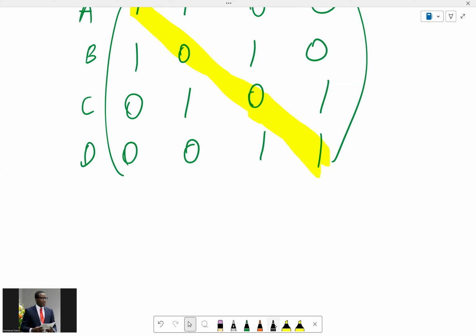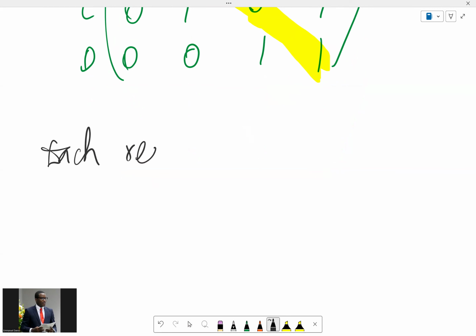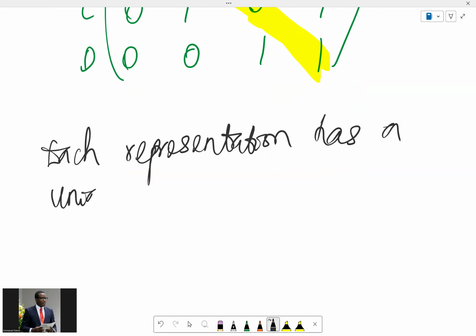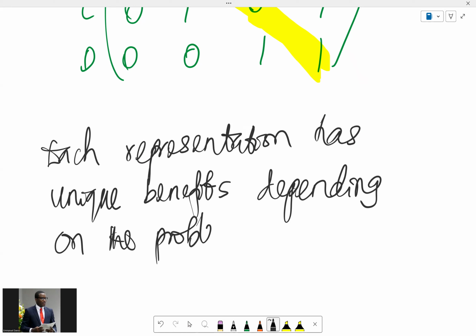So we can draw this inference: each representation has unique benefits depending on the problem we are solving.